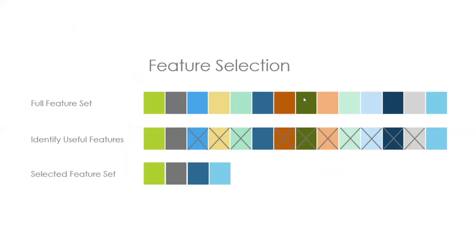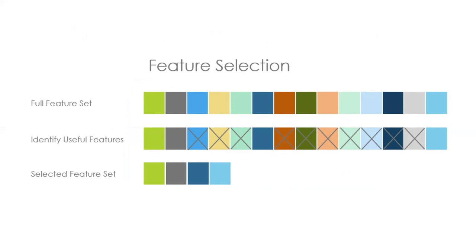The idea is that if we select features or if we project our data to fewer dimensions, excuse me.